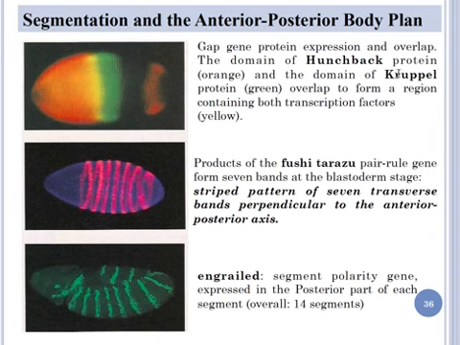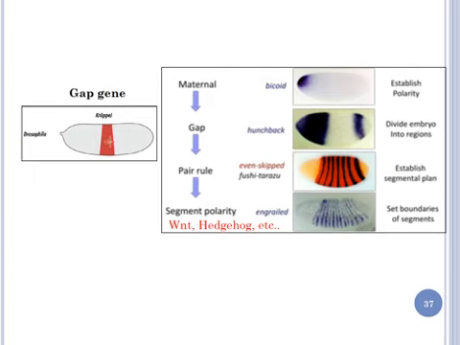And you have Krüppel, another gap gene expressed in this domain in green, and this is the overlap in yellow between the hunchback and Krüppel domains. In this slide, you can see Krüppel is always expressed in this domain, and this is the domain of expression of hunchback.